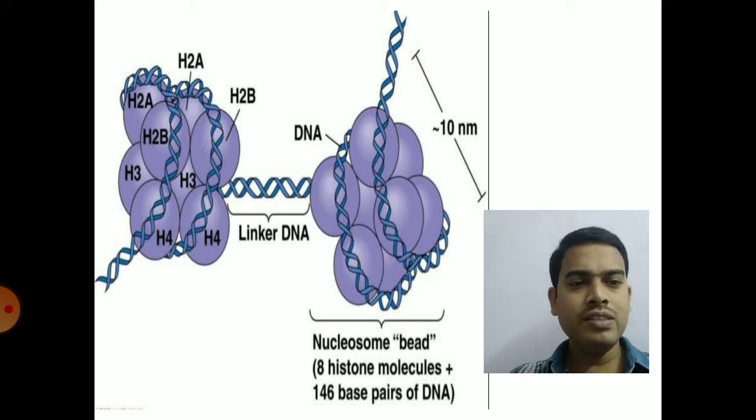This is how the DNA is wrapped around the histones. Generally, the histone protein is an octamer, containing 8 subunits. The subunits are H2A, H2B, H3 and H4, each of which is present twice, to give an octamer of 8 subunits. Around this octamer, the DNA is wrapped twice, covering around 146 base pairs.